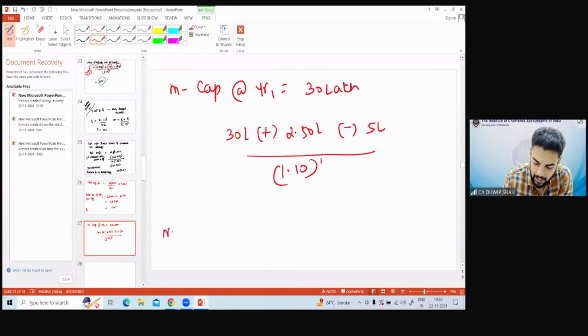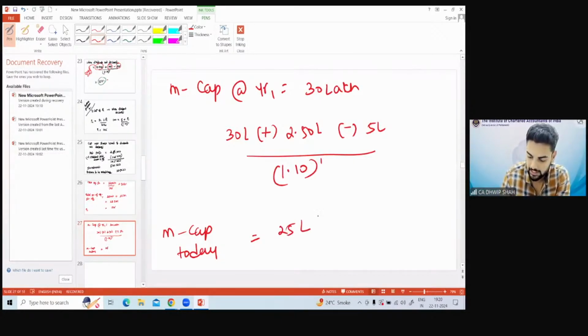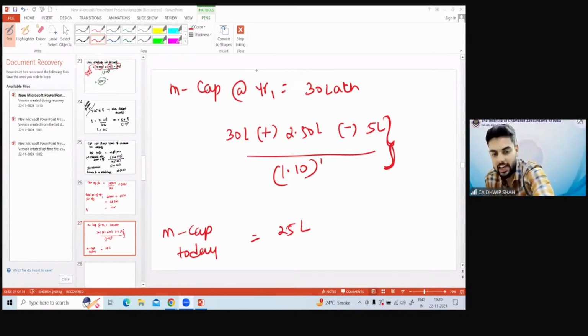So can I say my market cap, or market value today, would be 25 lakh. I hope now on the calculator you are able to solve this. This equation part you must know how to solve. So this is the market value of the firm when dividends are declared. So the entire story of dividend declared is done.